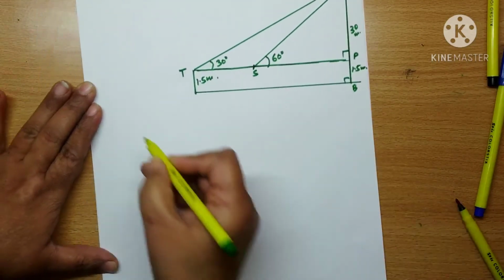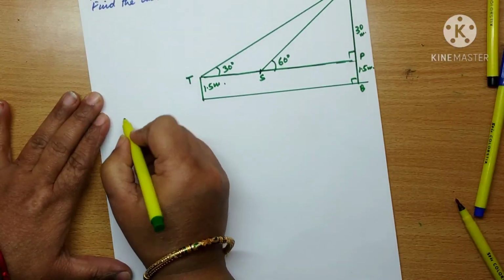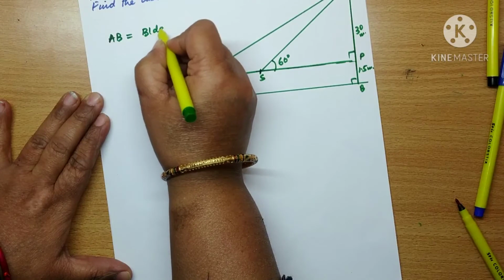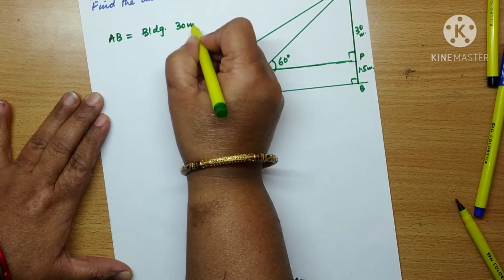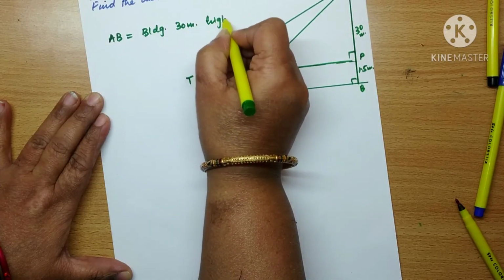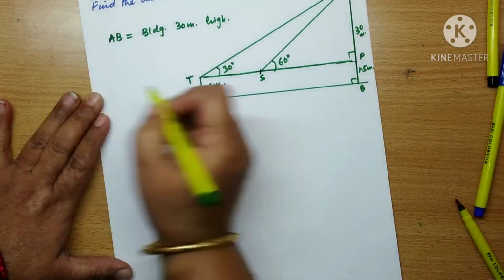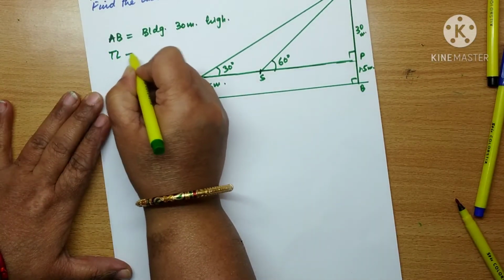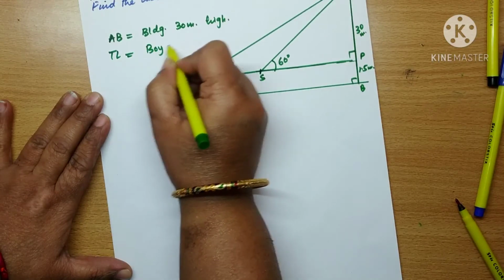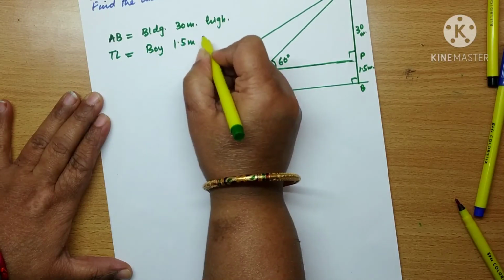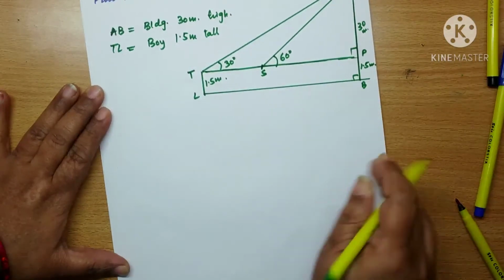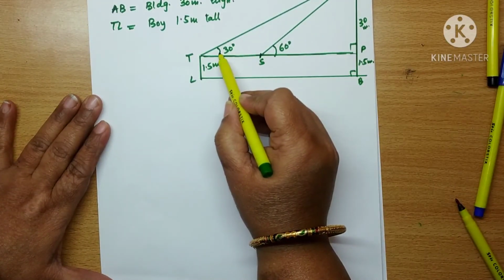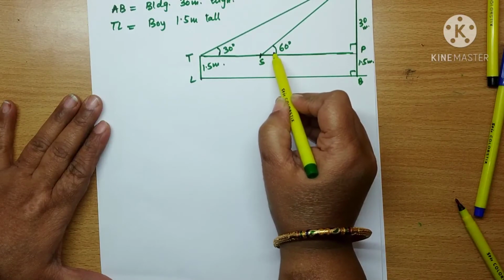Now AB is my building, 30 meter high. This is TL, the boy, 1.5 meter tall. This is the angle of elevation 30 degrees, and the angle of elevation 60 degrees.